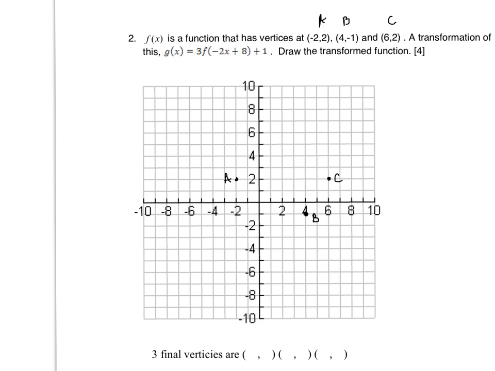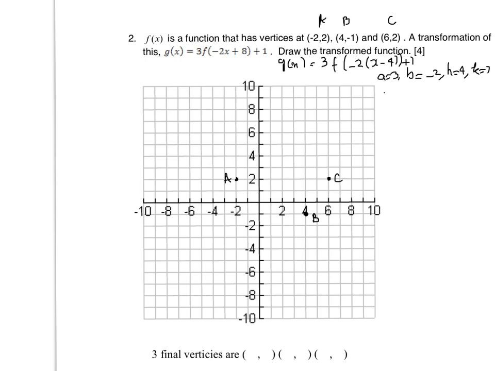Now, we look at the transformed function. You can see that I can write g of x is equal to 3f of, I factor negative 2 out, I get (x minus 4), plus 1. Now I can easily see what a, b, h, and k are. So a is 3, b is negative 2, h is 4, and k is 1.